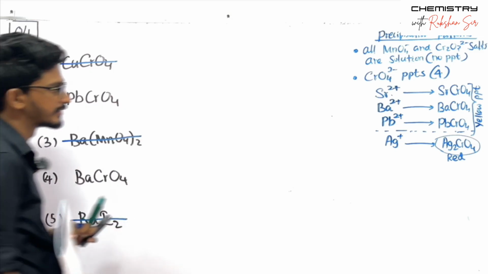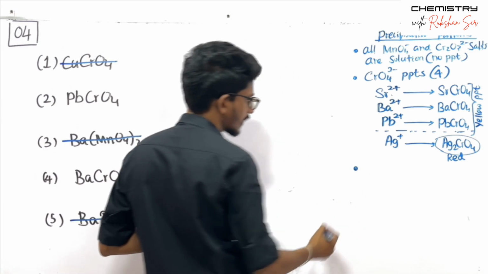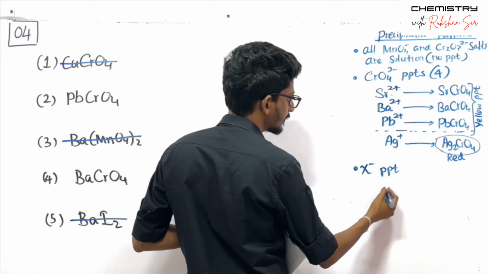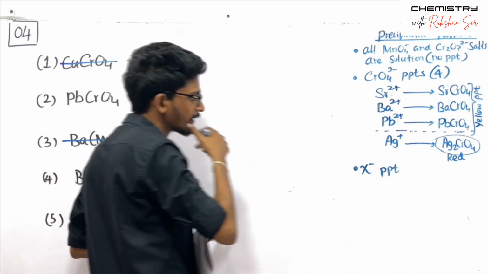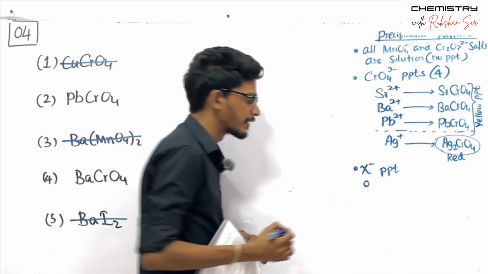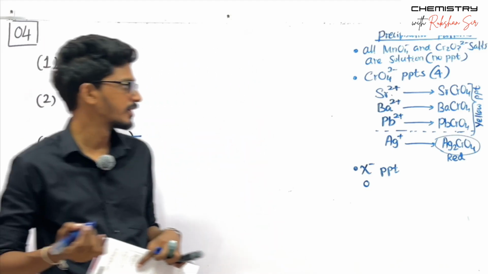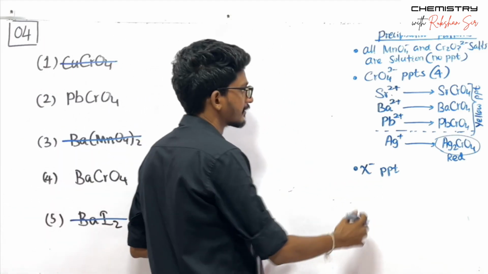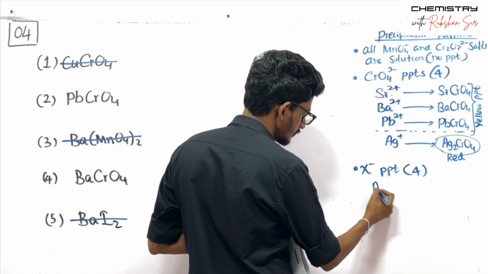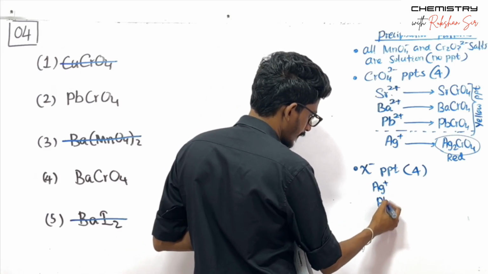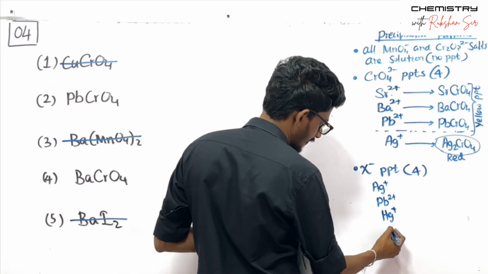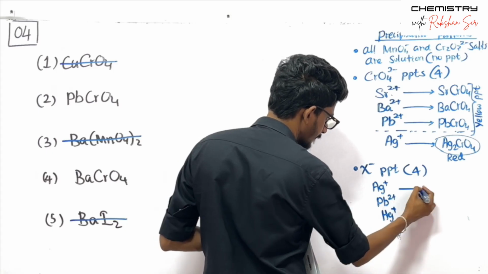What about iodides? Halides, X minus precipitation. Only 4 cations are capable of precipitating X minus. What are those? Ag plus, Pb2 plus, Hg plus, and Cu plus.